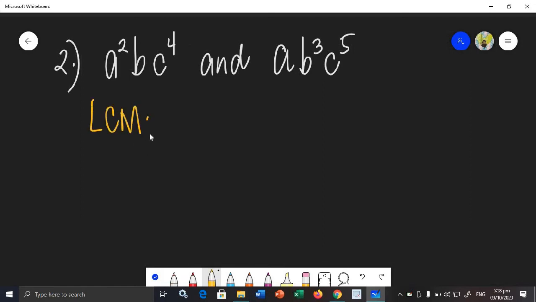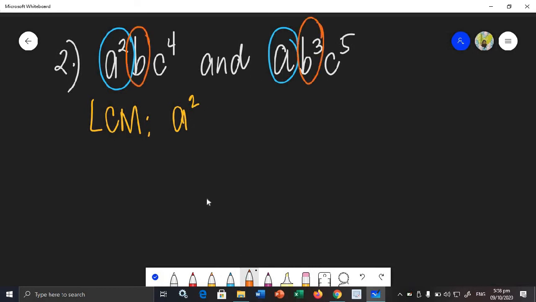For the LCM of A, as we observe in our given, we have A squared and A. We look for the one with the highest exponent. It is quite ironic because it is the least common multiple but the exponent we look for is the highest. So here, of course, A squared is higher. How about B? We have B and B cubed.